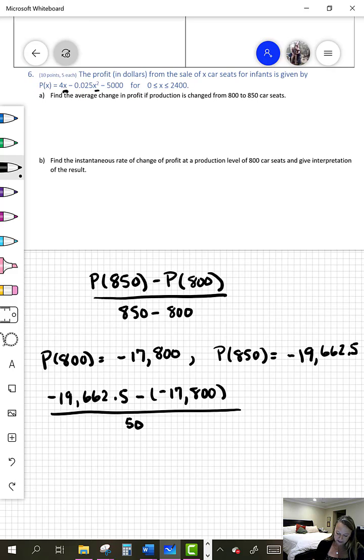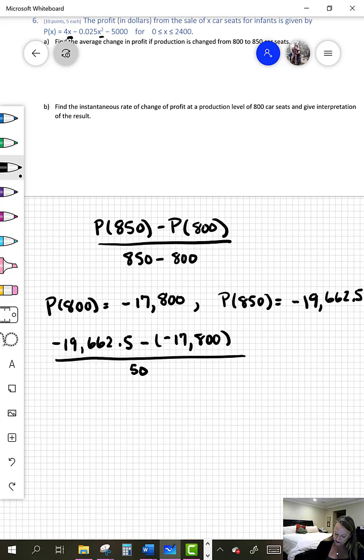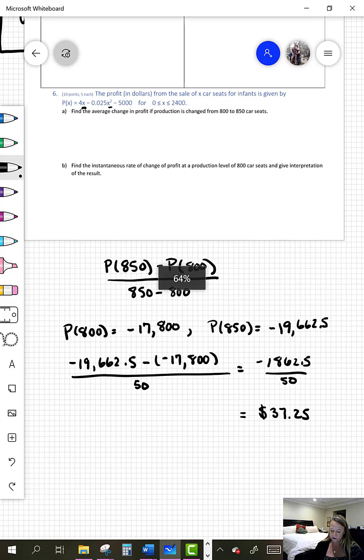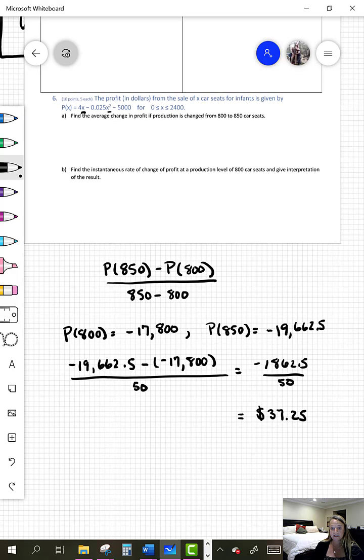Reducing, the numerator minus a negative is really a plus, and so we get negative 1,862.5 all over 50, which gives us negative $37.25. So the average rate of change of profit from going from 800 car seats to 850 car seats is about negative $37.25.